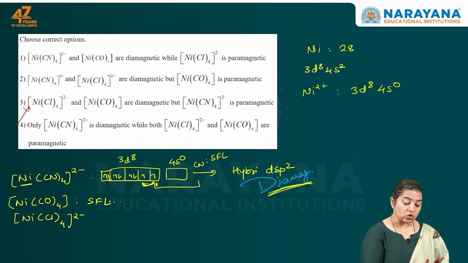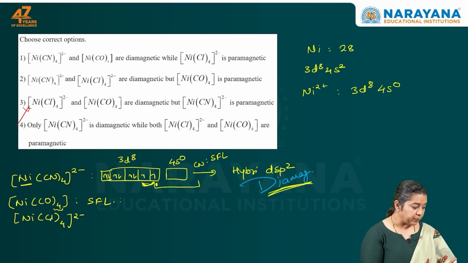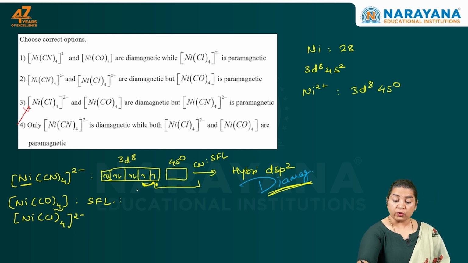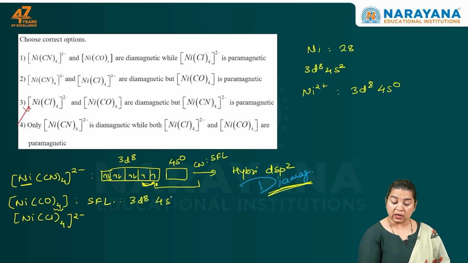If it is a strong field ligand and 4 again is the coordination number, of course the oxidation state is 0. So this time I have to go for 3d8 4s2.